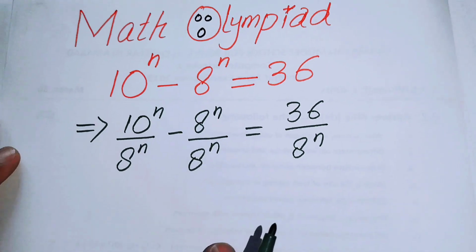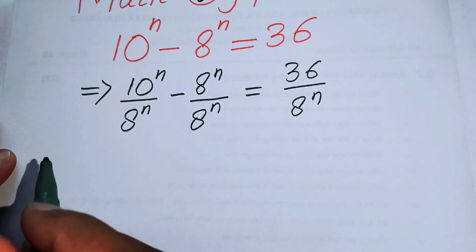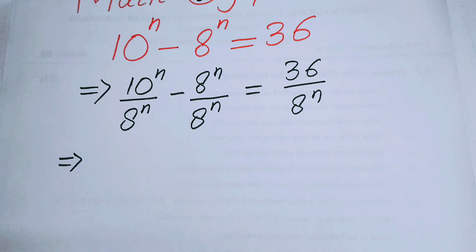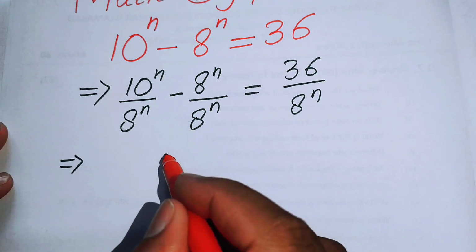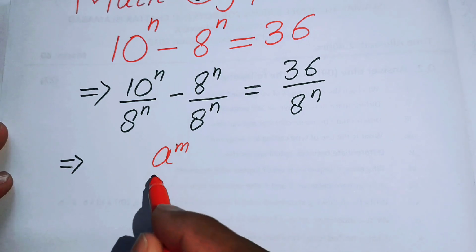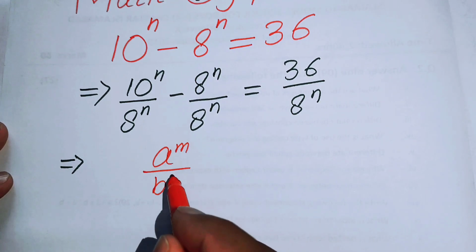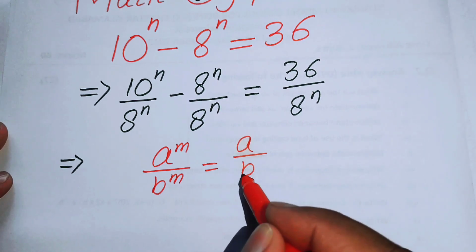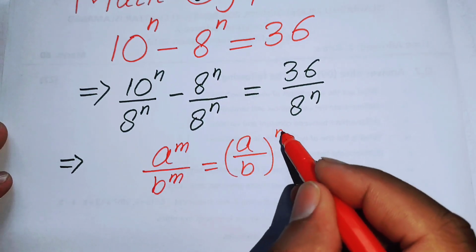After that, we will make some simplification of the terms, and here we can first apply a nice exponential law. You know about this law: if we have a to the power of m over b to the power of m, it is equal to a over b to the whole power m.